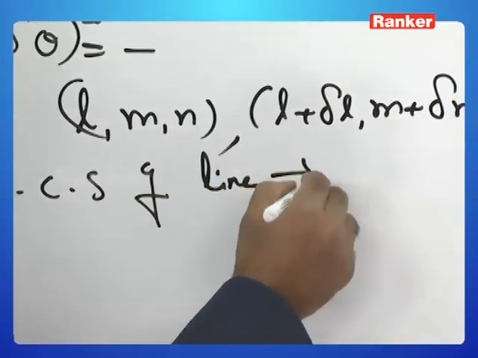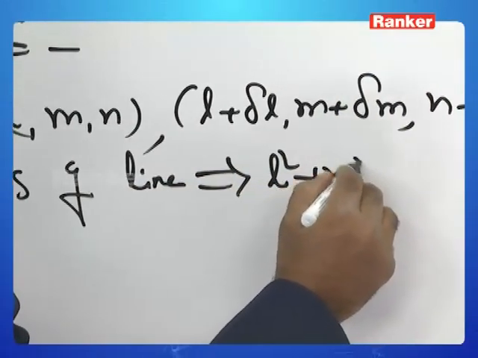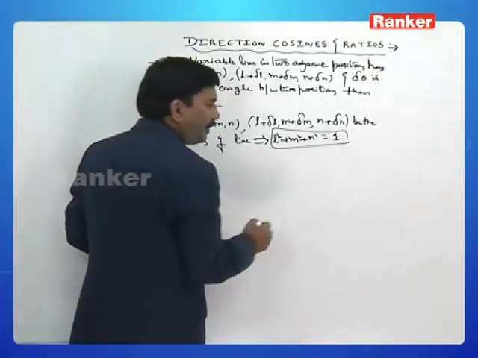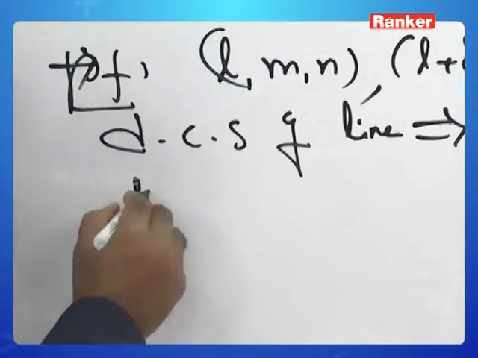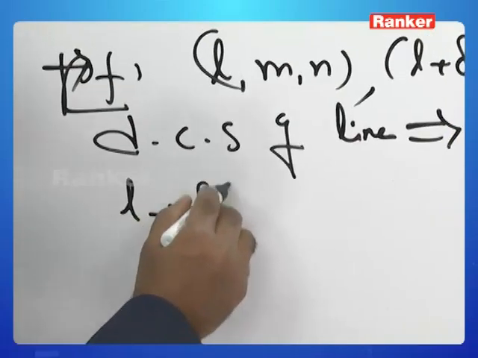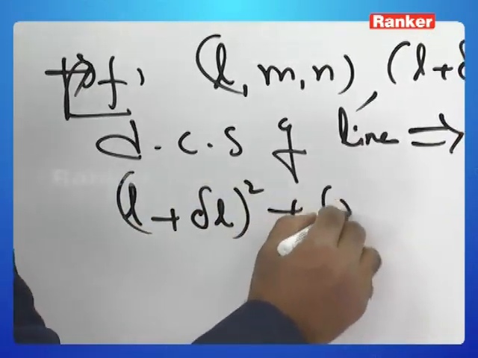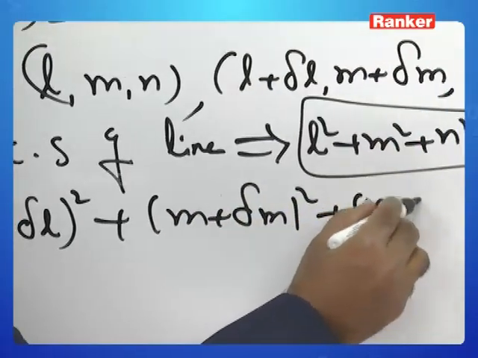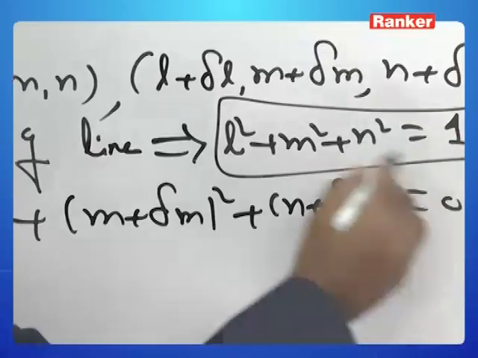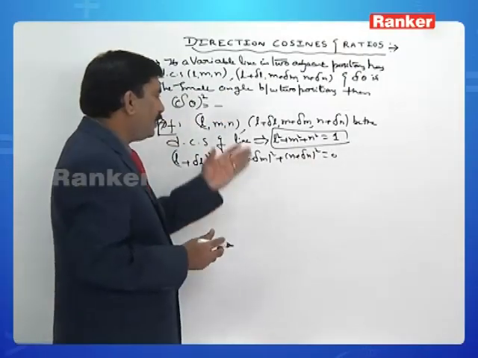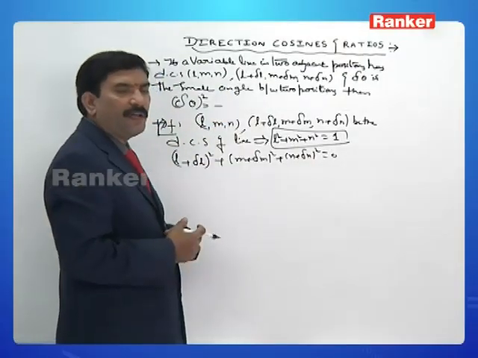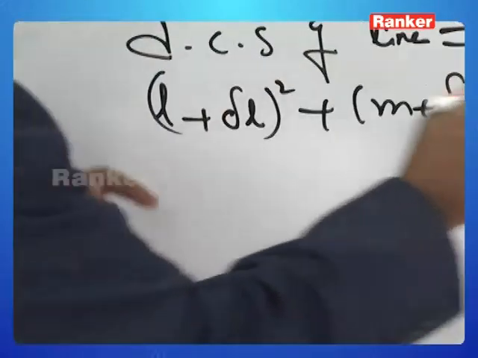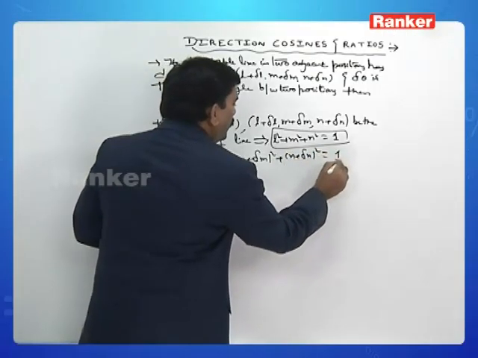Which implies l² + m² + n² = 1. We know it. Meanwhile, (l + δl)² + (m + δm)² + (n + δn)² = 0. Followed? Why? These two are the DCS of a line in two positions, correct. So therefore, these are the direction cosines. I can write it's 1.